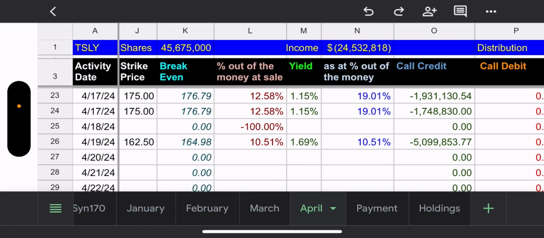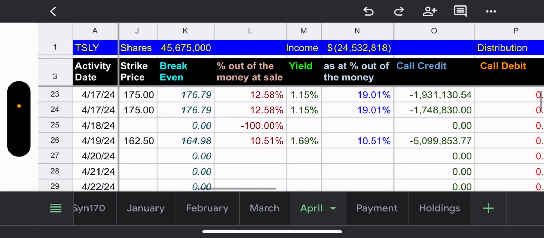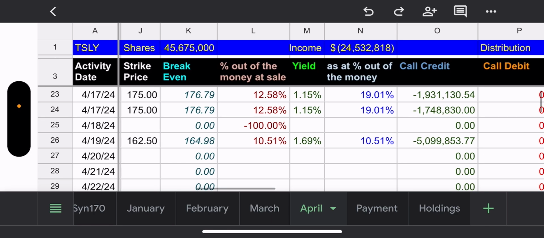But then to the right of yield, right next to that, I have the percent out of the money, the as at percent. Obviously for the ones from Friday, the as at is the same as the sale because it's showing as of the close. But as the week progresses, we're going to be using this to track how we're doing actively.